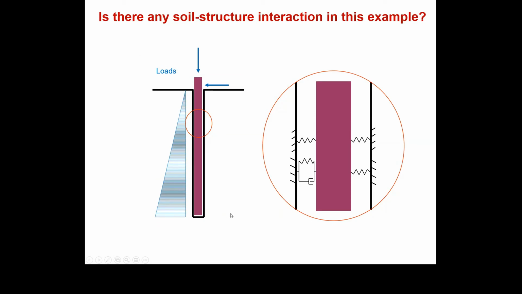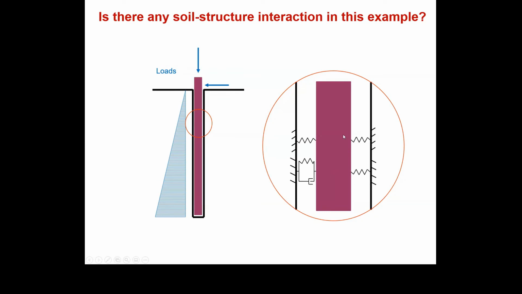So what happens, for example, in a pile? You have a pile, you have vertical loads and horizontal loads on the pile, and you have the soil here, you have pressure from the soil, and you have an interface because there is always a small space between the pile and the soil.